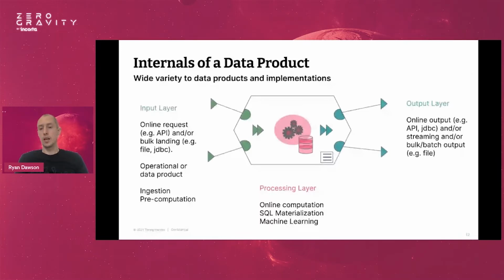The processing layer can have a lot of variety too. The computation might be in Spark or Airflow, or in a SQL database, or a different kind of database. And there might even be some machine learning in there. The output layer can have a similar variety to the input layer. There might be streaming or batch or an API, or there might be multiple outputs.